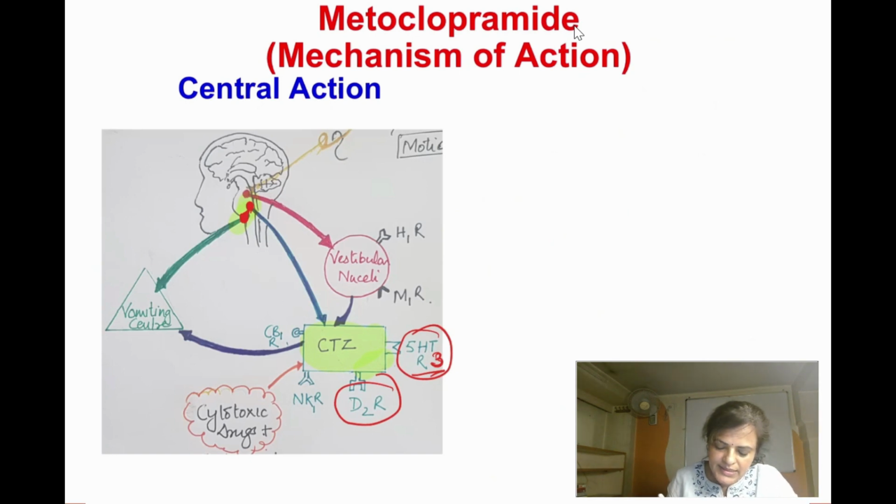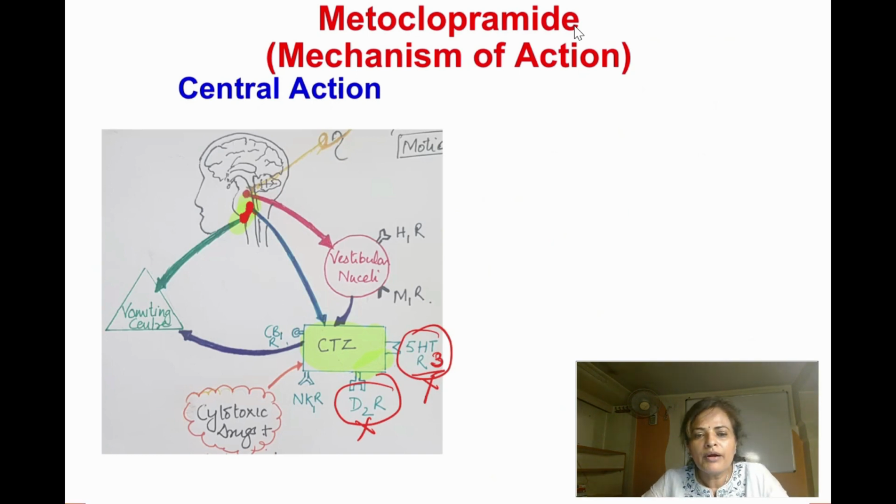So on the CTZ, it is going to block the D2 receptor and 5-HT3 receptor. By blocking these two receptors, it is going to block the travel of emetogenic impulses from the chemoreceptor trigger zone to the vomiting center.